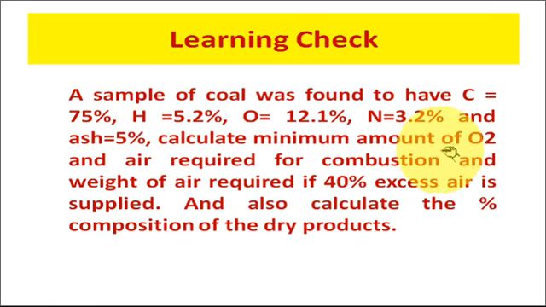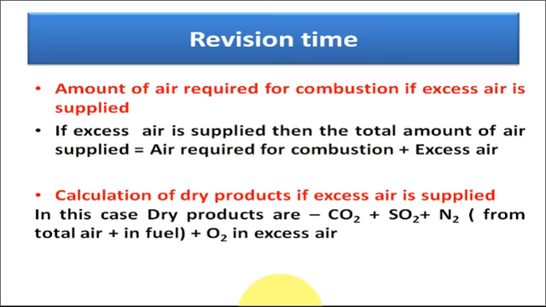Calculate the minimum amount of oxygen and air required for combustion and the weight of air required if 40% excess air is supplied, and also calculate the percentage composition of the dry products. Please solve this numerical in your copy, and in the next live class we will discuss it.